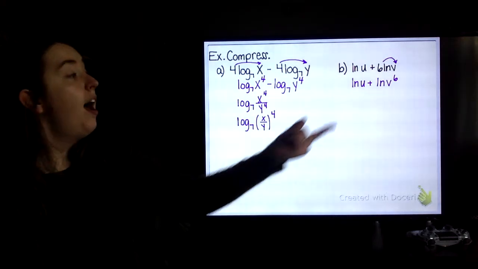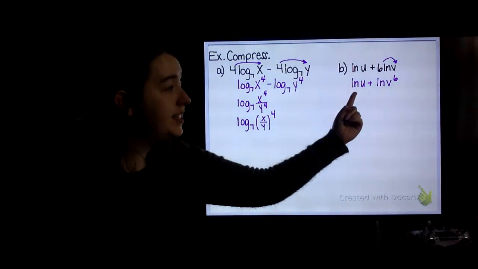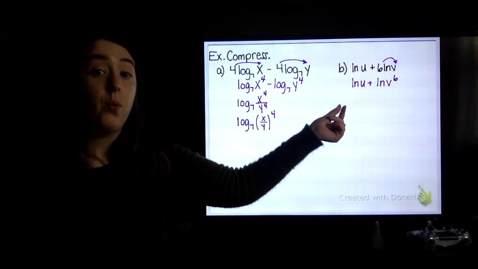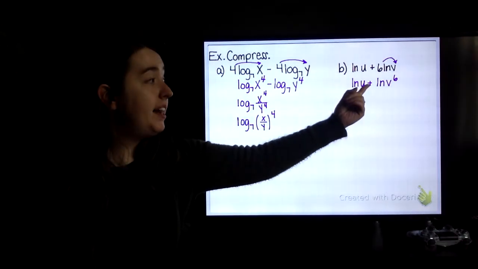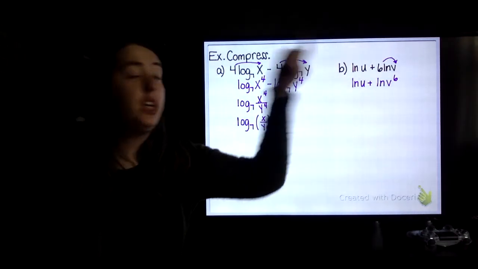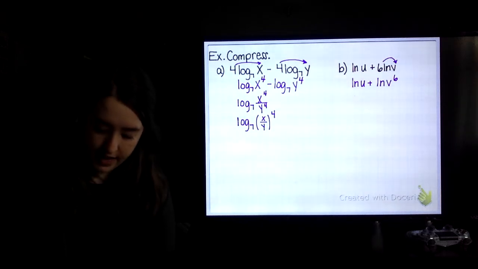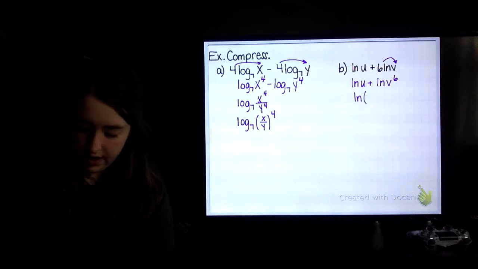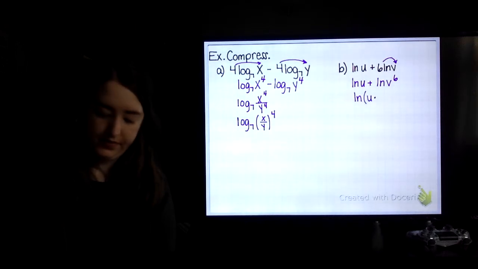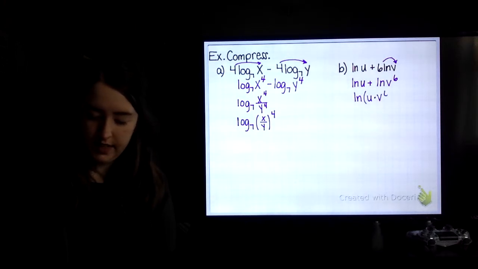Okay, so I'm adding those two logs together. So when I condense them into one log, since I'm adding, that means I need to multiply u and v to the sixth. So I'm going to have natural log of u times v to the sixth.